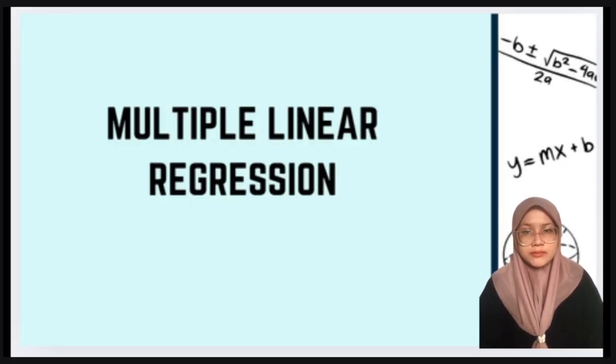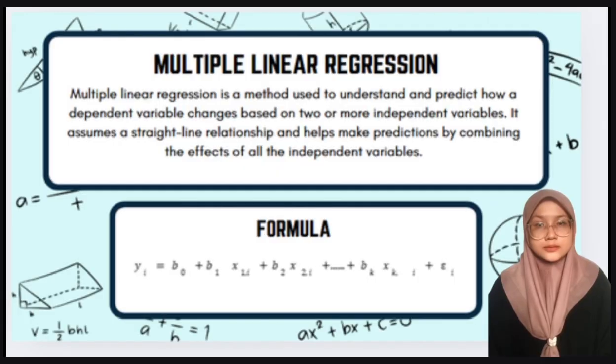As mentioned earlier, multiple linear regression is used to predict how a dependent variable changes based on two or more independent variables. In this slide, we can see the general formula for multiple linear regression.